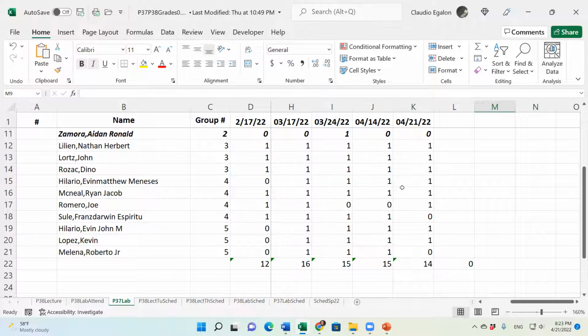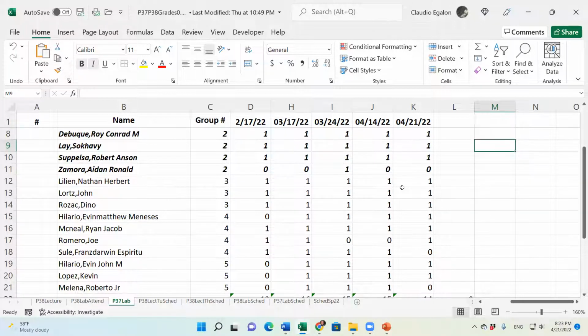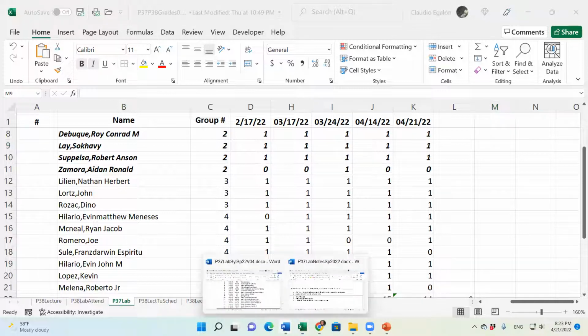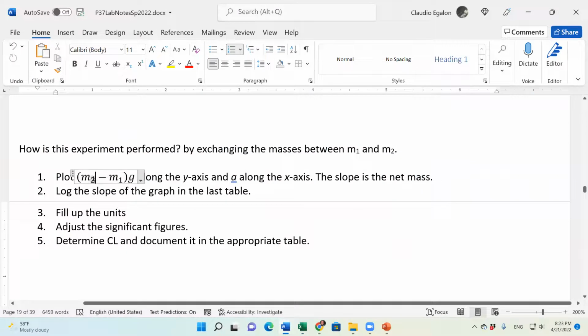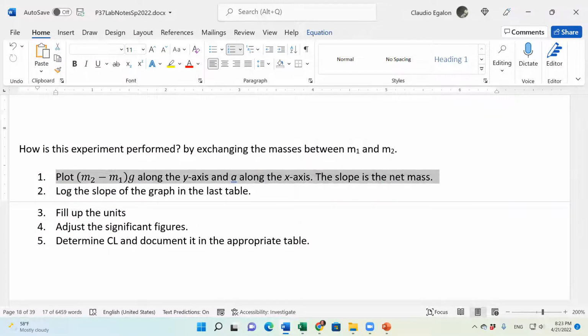Okay, Ryan, you plotted the graphs. Okay, good. And did you get the slope too, Ryan? So here you go. Plot net force along the y-axis, a along the x-axis.